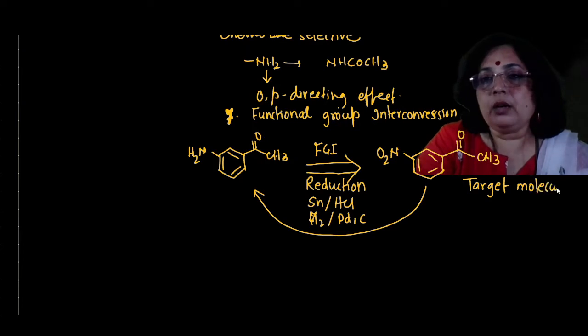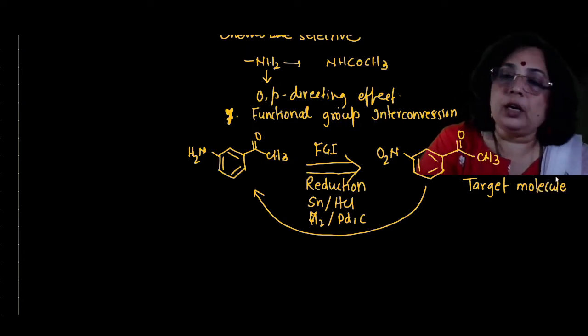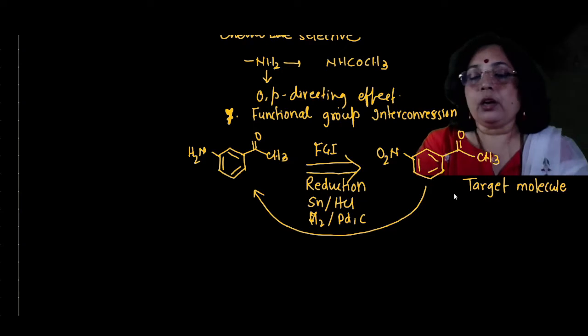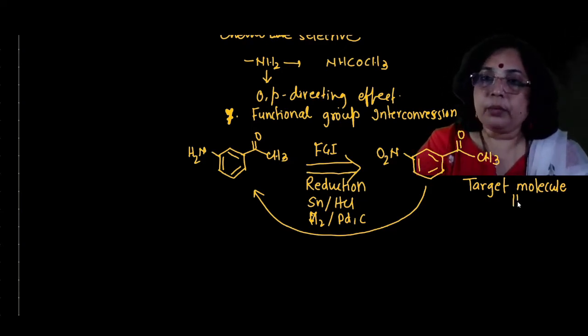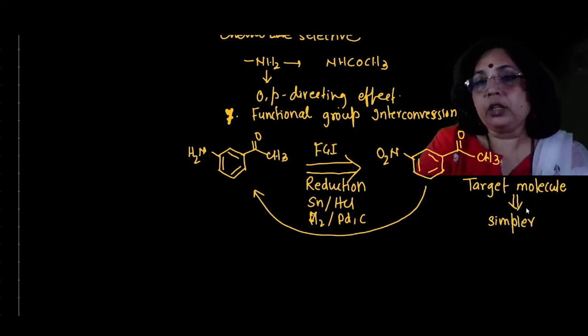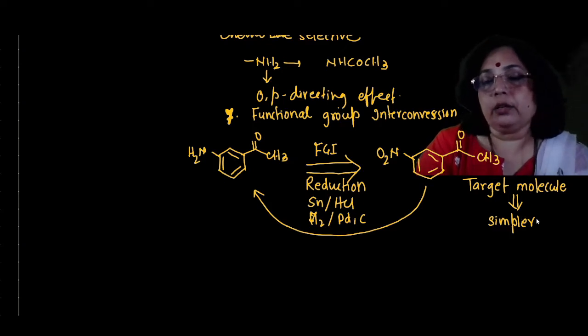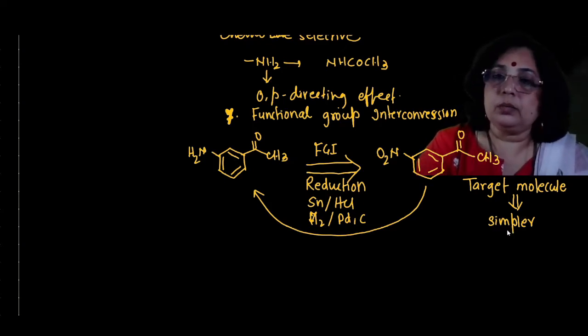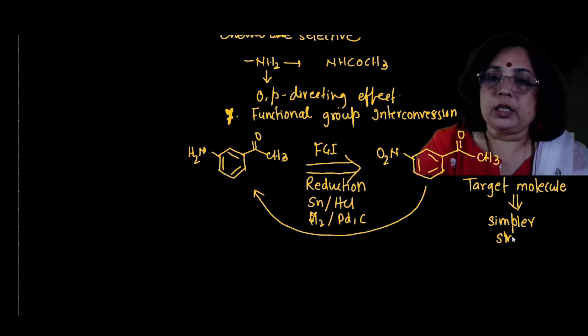The main motto of retrosynthesis is to try to convert the complicated molecule into a simpler one. So continue and repeat the procedure till you get the simpler starting materials.